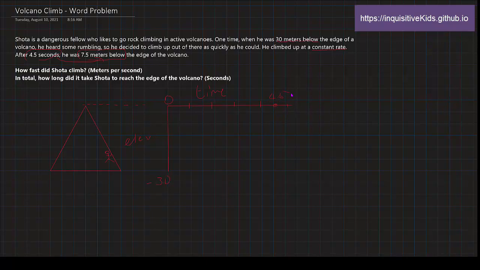He was already 7.5 meters below the edge of the volcano. So what would be around 7.5 meters? Well, this would be negative 20, negative 10, so it would be around over here, right around there.